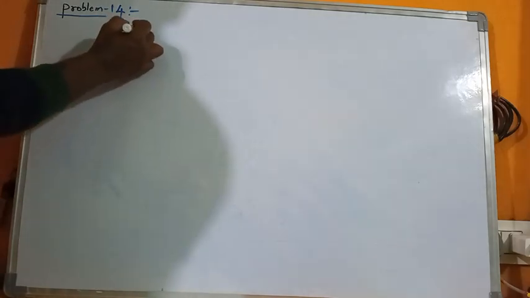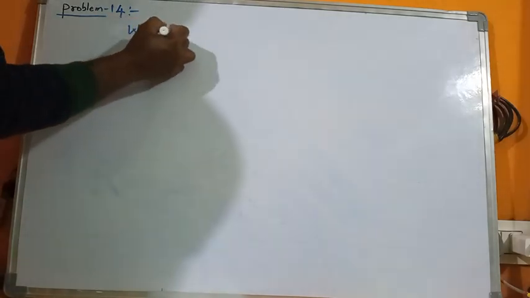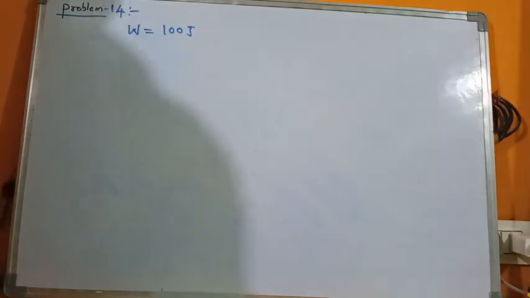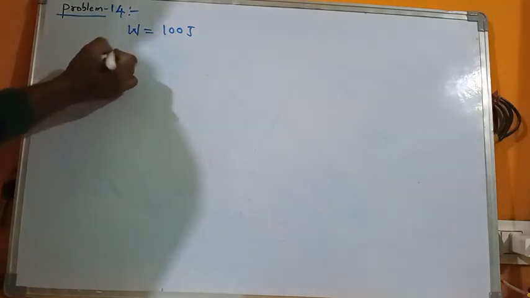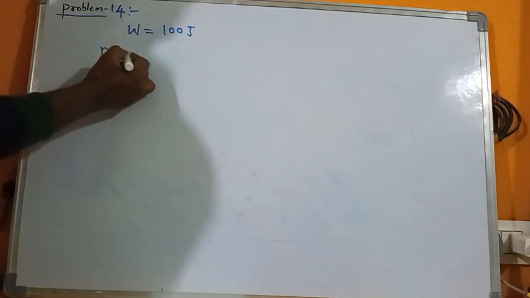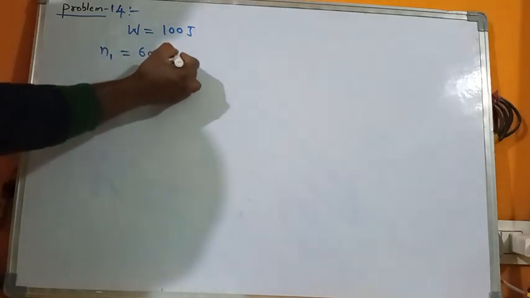First, write down the given data here. Work done is given, 100 joules, so work done W is equal to 100 joules. Then the initial rotation n1 is equal to 60 rpm.